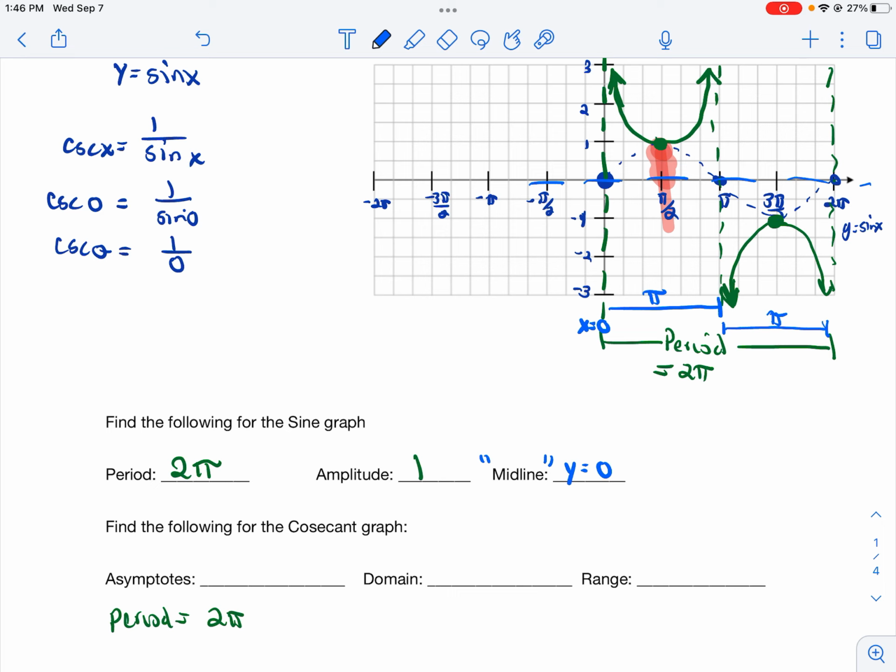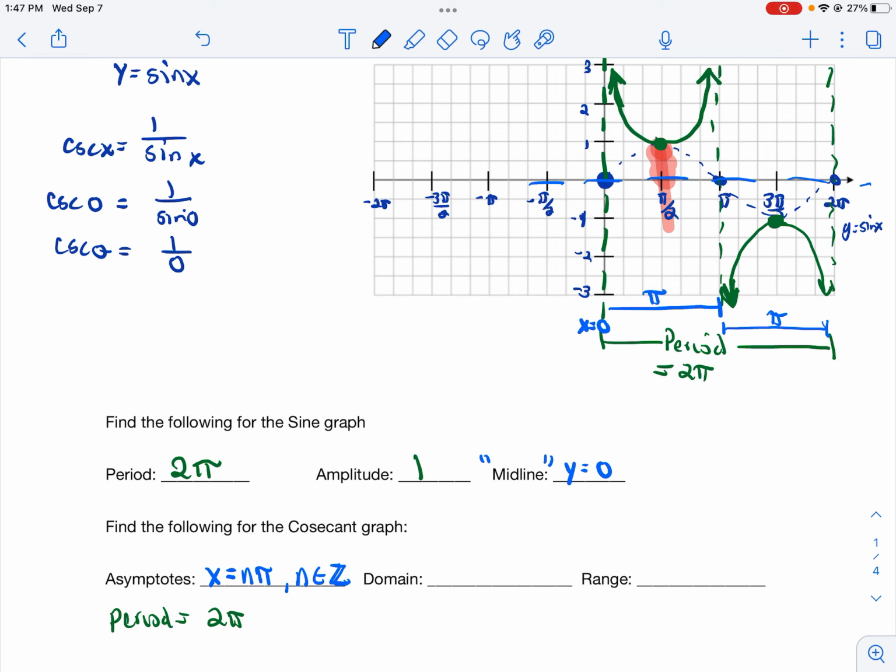So what I say is, okay, my equation of my asymptotes is x equals my first asymptote, which is 0, so I'm not going to write it this time. Usually if it's not 0, you'll write that, plus how often my asymptotes repeat. So they repeat every pi. And how I say every pi is n times pi, where n is just some integer.